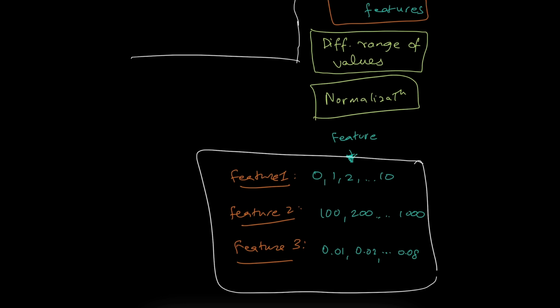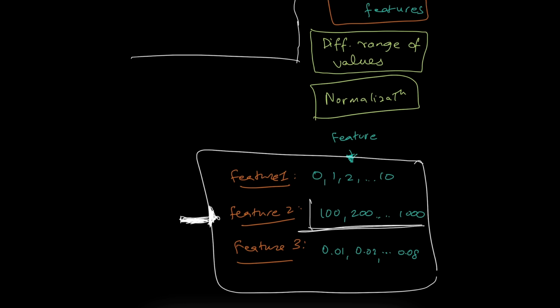So we don't want the model to be biased towards feature 2 just because it has a higher numeric value within its features. It doesn't mean that feature 2 is necessarily important for our model to learn the pattern. It doesn't mean that our output is impacted or is favored more by feature 2.